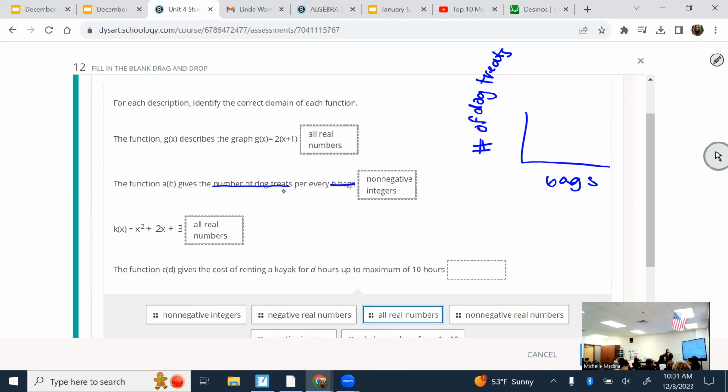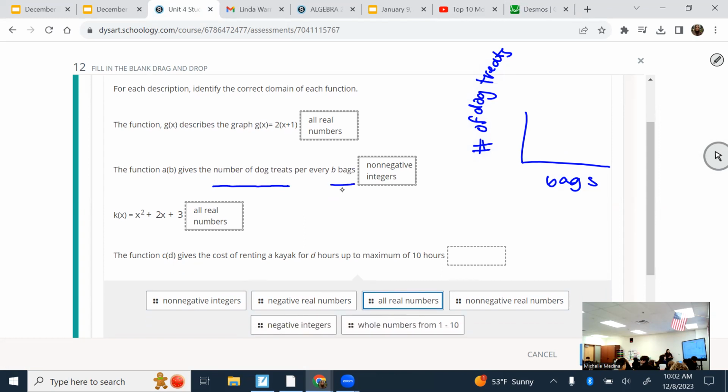And then function C of D gives the cost of renting a kayak for D hours up to a maximum of 10 hours. So what's my input, the cost or the hours? Hours. Time is usually the input, not always, but usually. And we're asking about the domain.